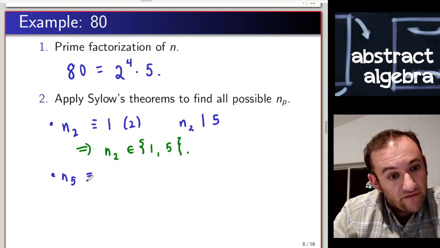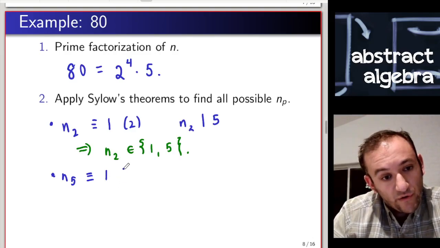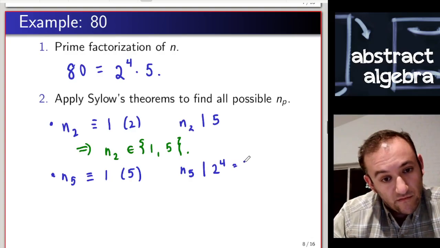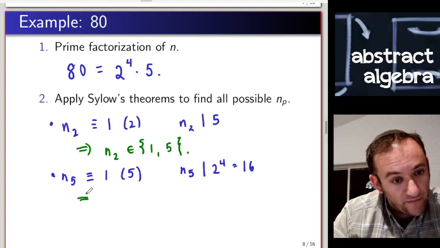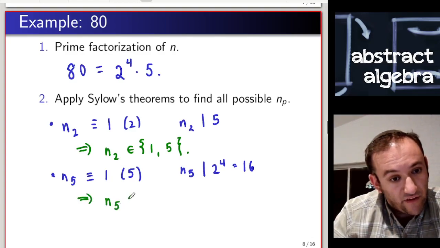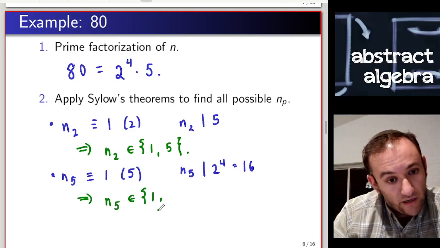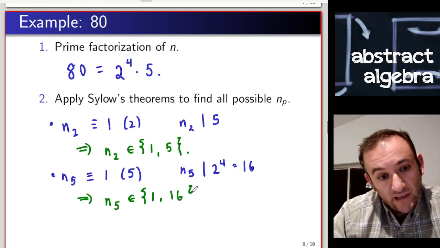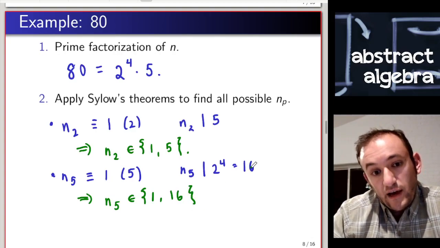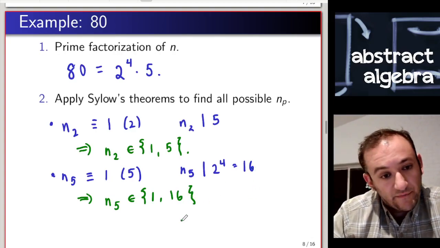Okay, as for n5, we know this is going to be 1 mod 5, and we know it's going to divide 2 to the 4th, which is 16. So what does that mean for us? Well, n5 would have to be either 1, 6 doesn't make it in, 11 doesn't make it in, 16 is possible because it's 1 mod 5, and it's a divisor of 16.